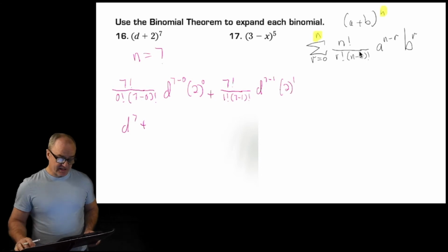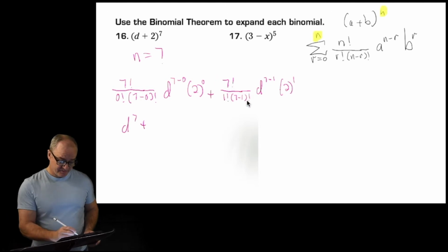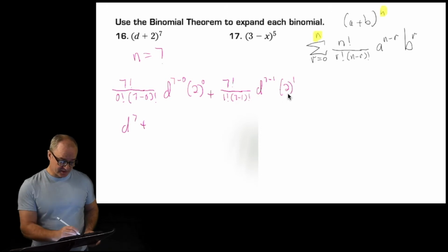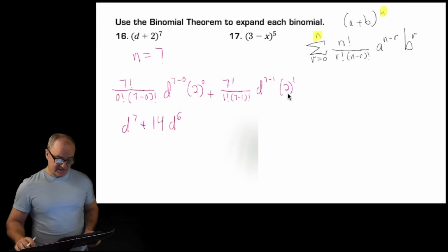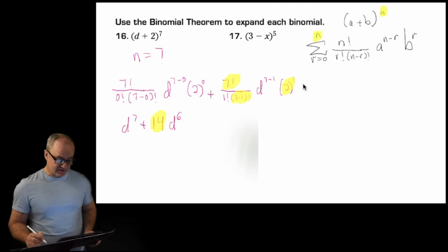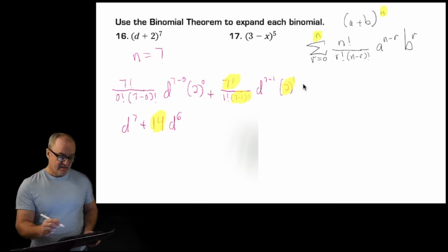So we put this all together, what we're going to get is 7 factorial divided by 6 factorial, which is just 7, times 2, which is 14, and then that's going to be d to the 6th. So that coefficient, this 14, came from working out 7 factorial divided by 6 factorial and multiplying that by 2. Okay? Used a couple Easter eggs in there, but let's see if you can figure them out.